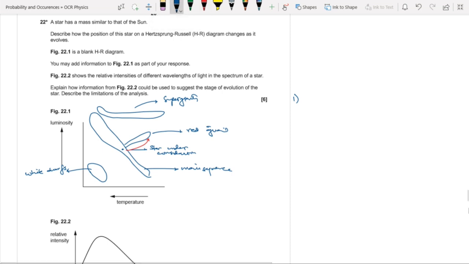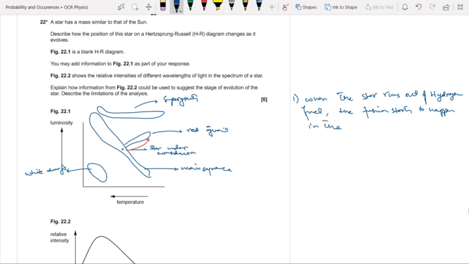I'm going to mention the same information that I just mentioned. When the star, and since it's a not so massive star, its mass is less than 10 solar masses, when this star runs out of hydrogen fuel, the fusion starts to happen in the subsequent layers, in the outer layers, due to increasing gravitational pressure.